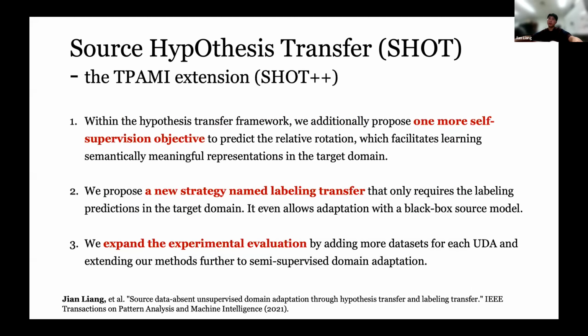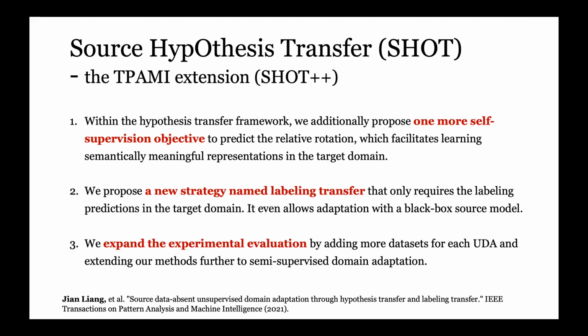Okay, next page. Then we also extend this conference paper to journal extensions. To conclude the improvements, we have three new discoveries here. Within the framework, we additionally propose one more self-supervised objective to learn semantically meaningful representations in the target domain.